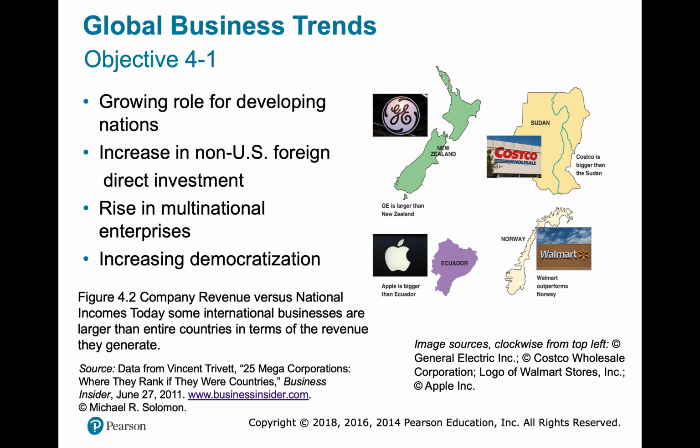And so this has led to a rise in non-US foreign direct investment. Okay, we're going to talk a little bit more about what exactly that is on a later slide, but for now, just understand that foreign direct investment is the purchasing of property or businesses in foreign nations.